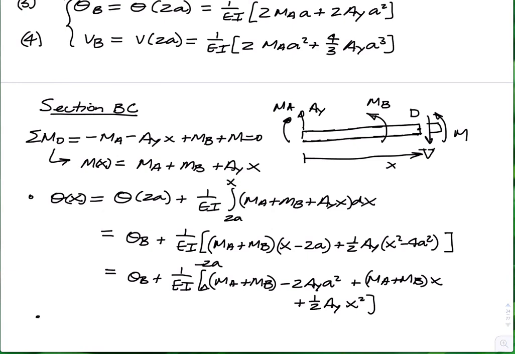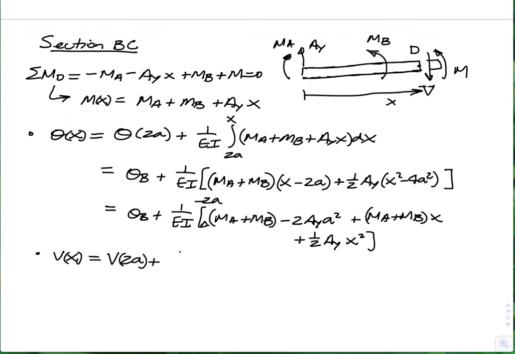So the integration for v is just an integration of that along with adding the constant there in front, integrating from 2a up to x of theta x.